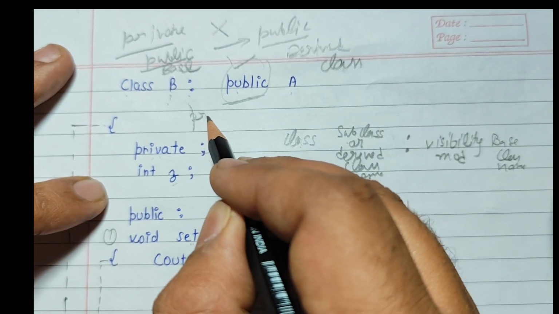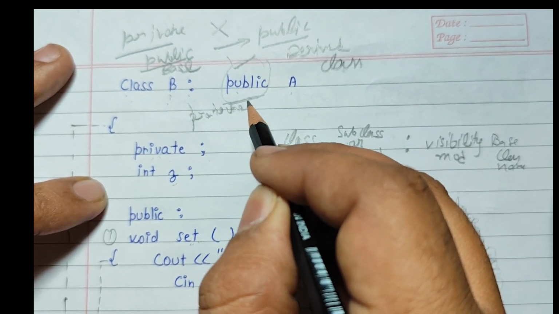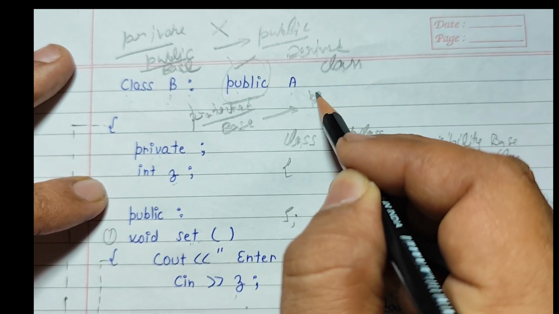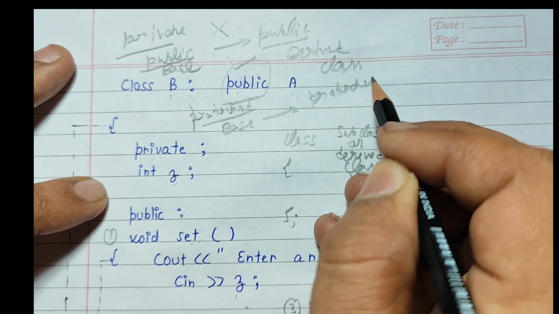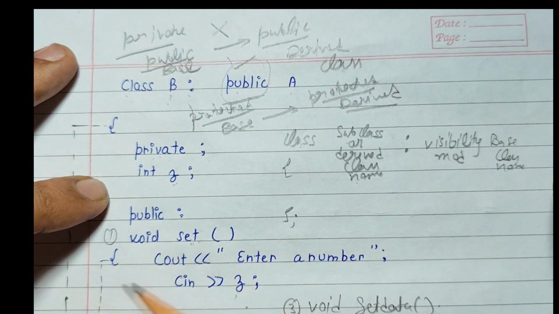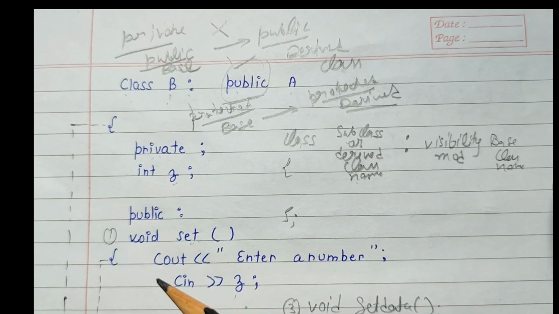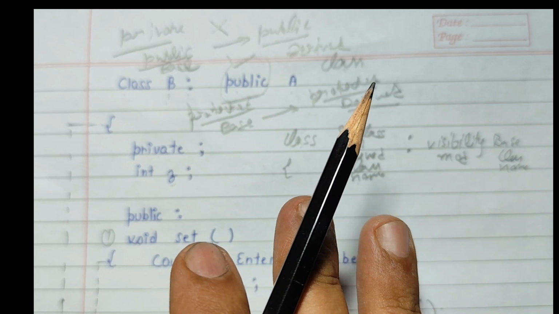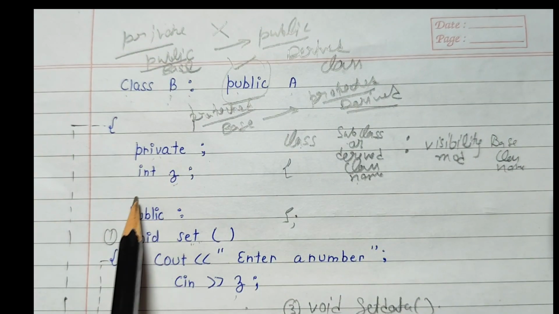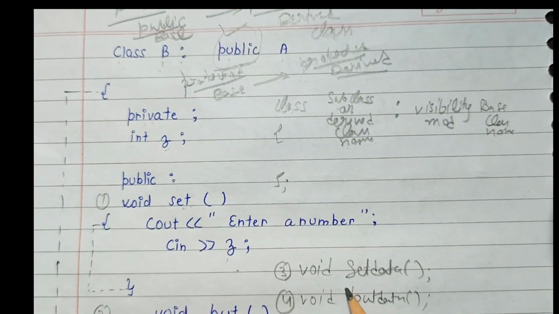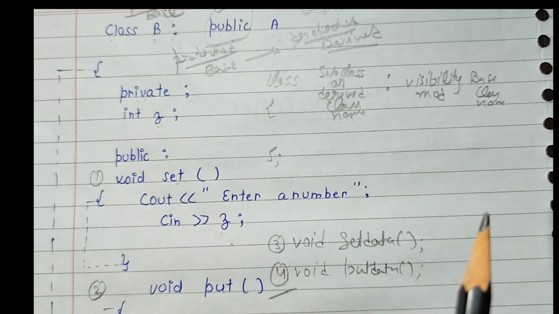And protected members of the base class are also shifted to the protected section of the derived class. But in this we have only two sections, private and public. So private is never inherited, it means x and y are not inherited from the base class. Only the public member functions, that is set data and put data, are shifted here.